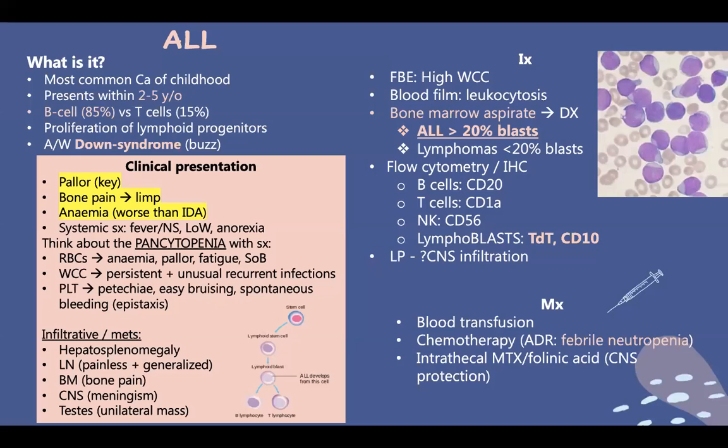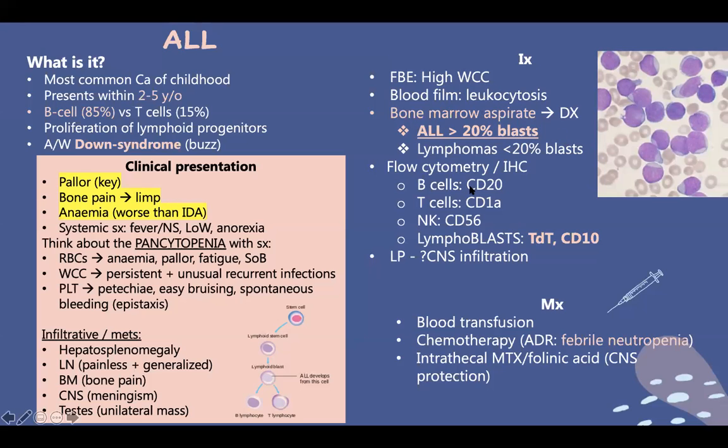Then if these cells metastasize or infiltrate the spleen or liver, you can get LFT derangements. Lymph nodes, you can get lymphadenopathy. Bone marrow leads to bone pain. We try to stop central nervous system infiltration before it happens.